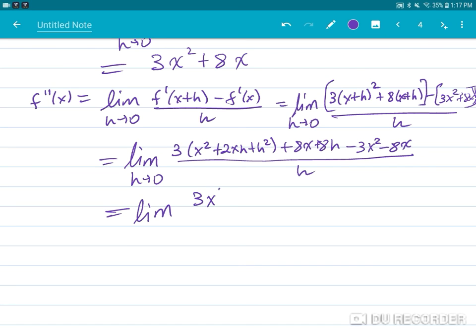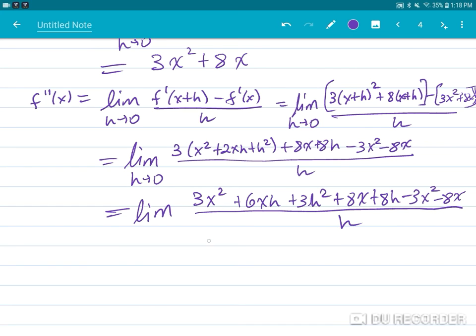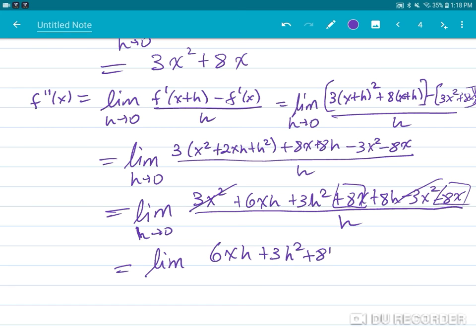That gives us 3x squared, 6xh, 3h squared, 8x, 8h, minus 3x squared minus 8x all over h. Now this 3x squared and minus 3x squared cancel. This 8x and this minus 8x cancel. So that gives me 6xh plus 3h squared plus 8h divided by h as h approaches 0.